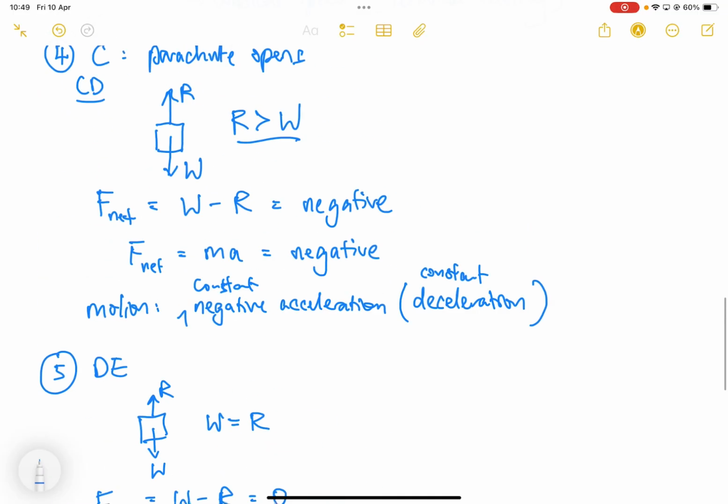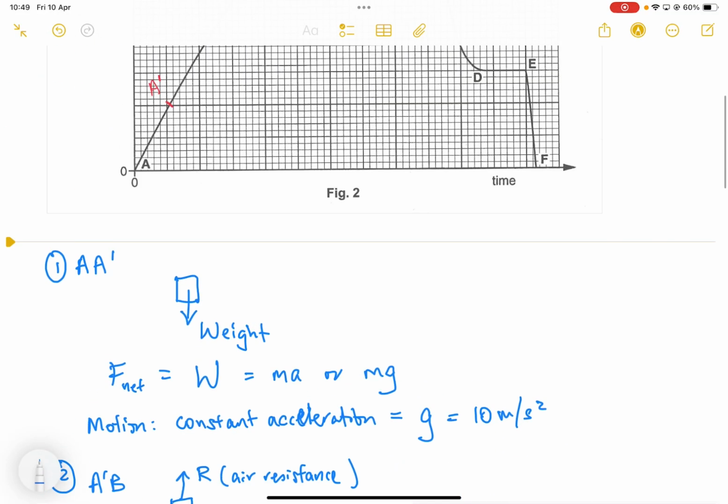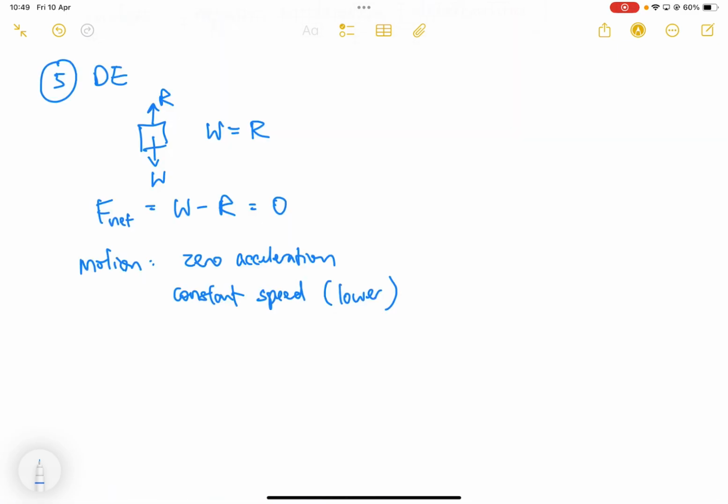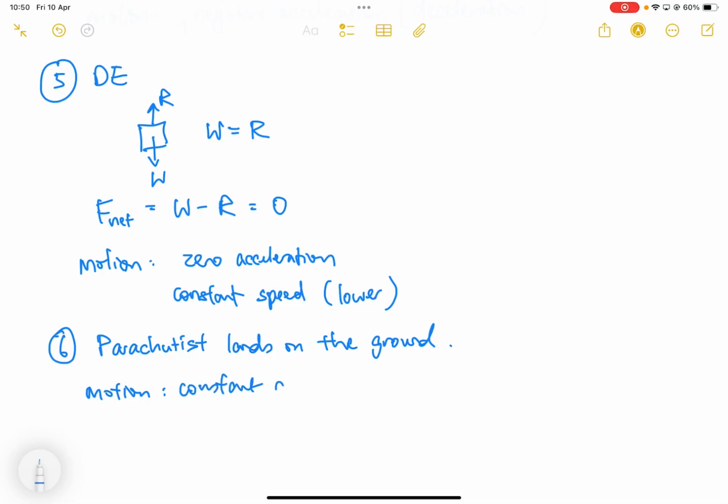Okay, so eventually the parachutist hits the ground, and that is EF. Do you see that it's not a vertical line? What does it mean? What's this EF? What's happening? Yes. So the parachutist hits the ground, and the motion is constant deceleration.